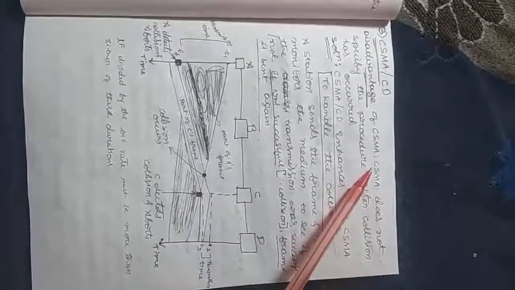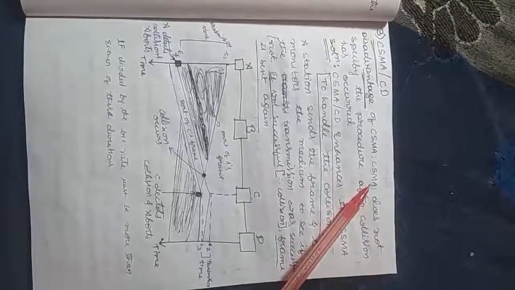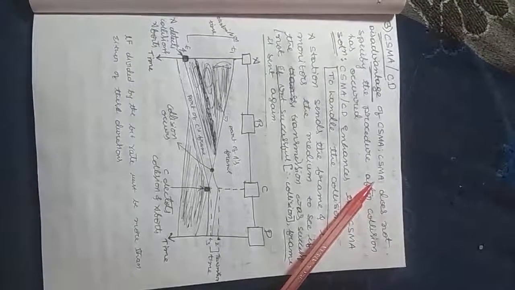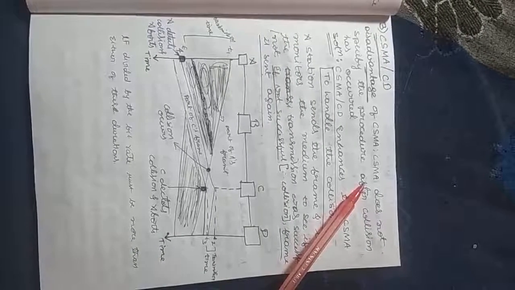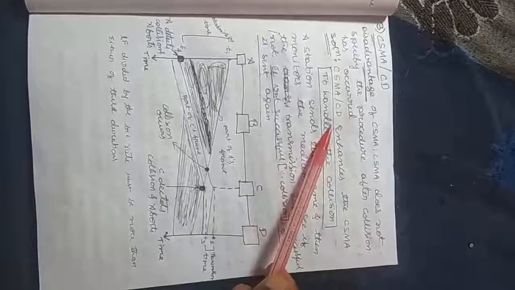In CSMA we are sensing the medium. If it is busy, we are not going to send the data. If it is idle, we are going to send the data to avoid the collision.